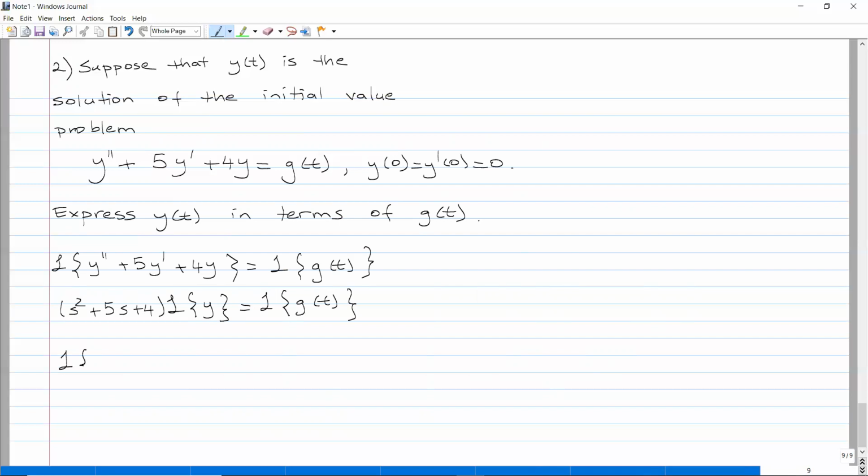So the Laplace transform of y is 1 over s squared plus 5s plus 4 times the Laplace transform of g.